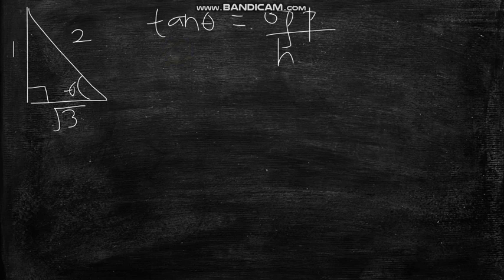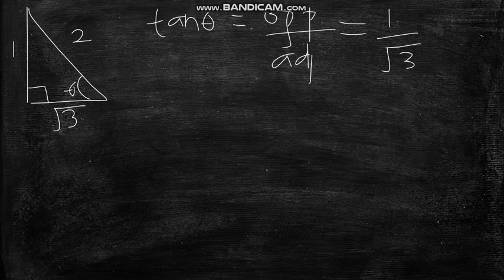Sorry, it's supposed to be A, adjacent. Okay, so my opposite is 1 and my adjacent is √3. Okay, so tan theta is 1 over √3.